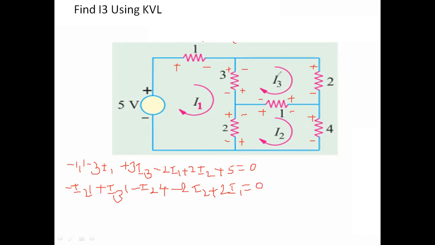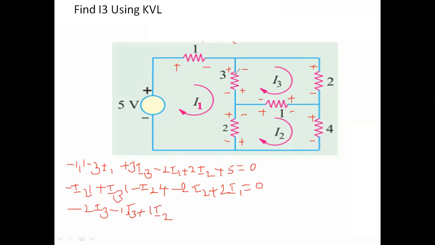Coming to the I3 loop, this is minus 2I3. Here it is minus 1 into I3. At the same time, it has a reverse current of I2, so that's why it is plus 1 into I2.